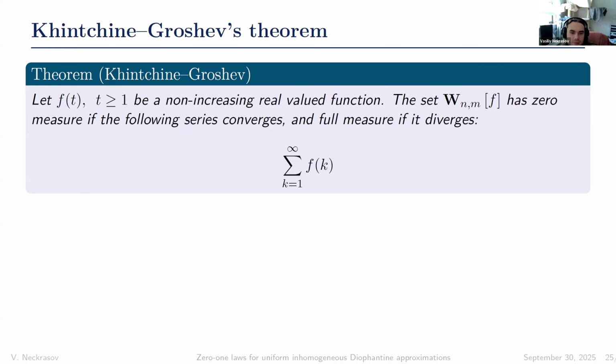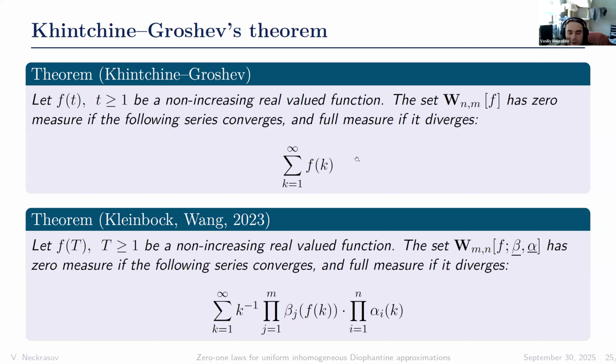The analog of the theorem is also known for general weight functions. And this is actually the first time where quasi-multiplicativity plays a role. If we assume that our alpha I and beta j are quasi-multiplicative, then we can prove the following generalization of the 0-1 law.